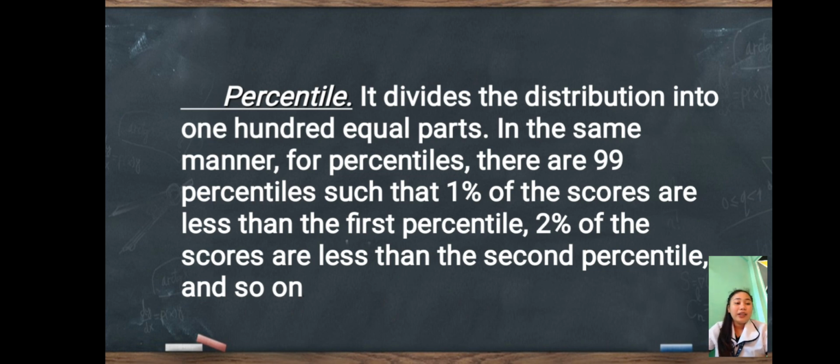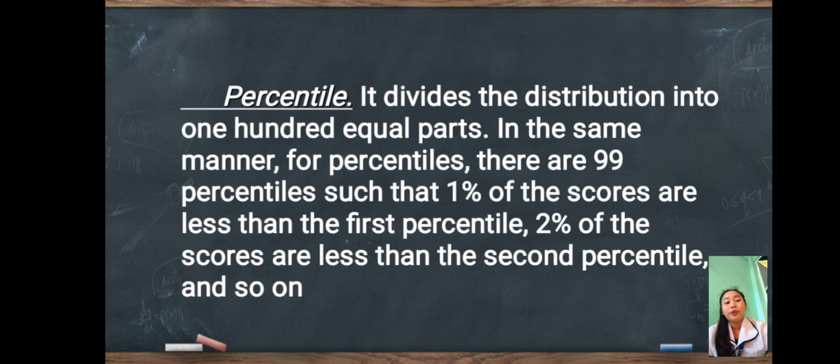Percentile divides the distribution into 100 equal parts in the same manner. There are 99 percentiles such that 1% of the scores are less than the first percentile, 2% of the scores are less than the second percentile, and so on.